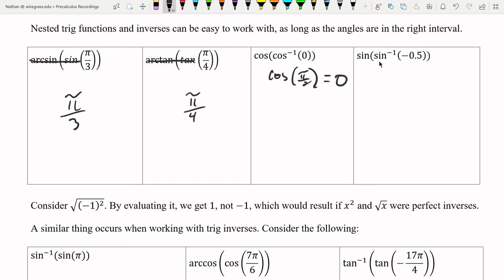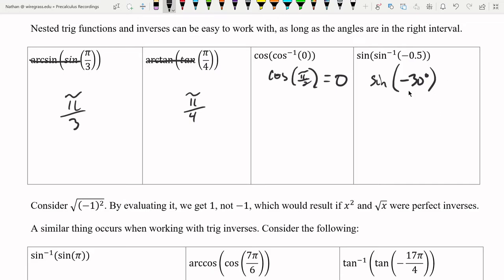Of course, a similar thing can be done here. Once again, you're looking for numbers plugged into arcsine, or the inverse sine, to be between -1 and 1. Negative 0.5 fits within that, so it's fine. If you plug that in, you're going to get negative 30 degrees, or negative pi over 6.